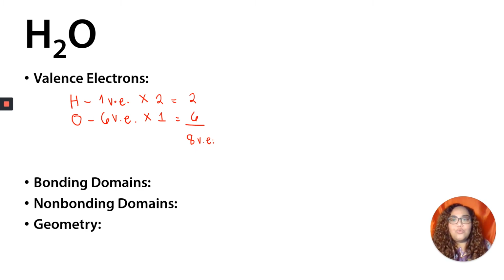Okay. Now, what would be the central atom here? So again, as I've said earlier, the central atom would be the lone atom. So in this case, it would be oxygen. And then there are 2 hydrogens. So for the practice, we'll just write both of the hydrogens on either side of oxygen.